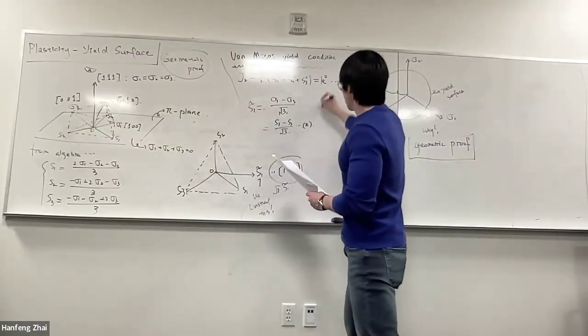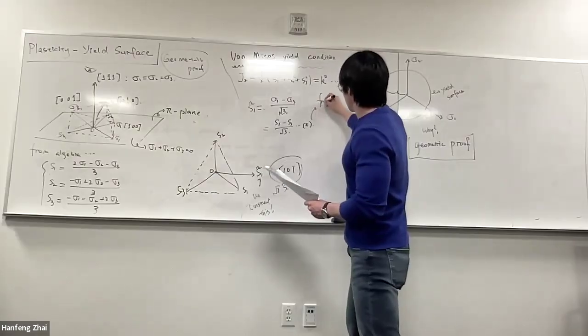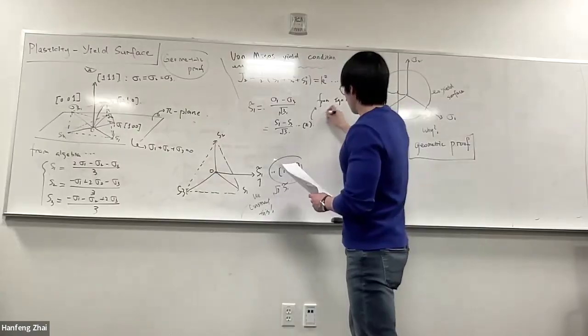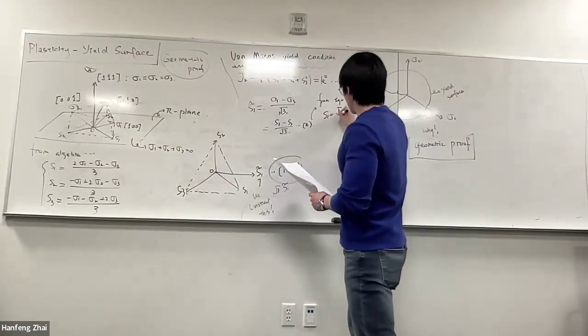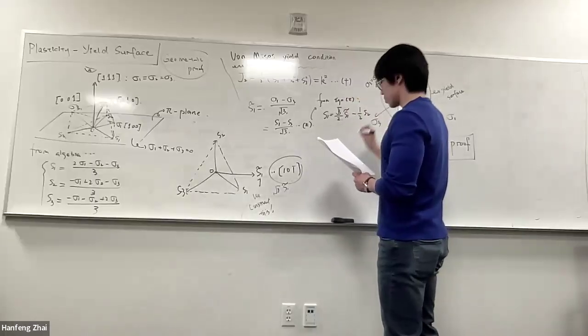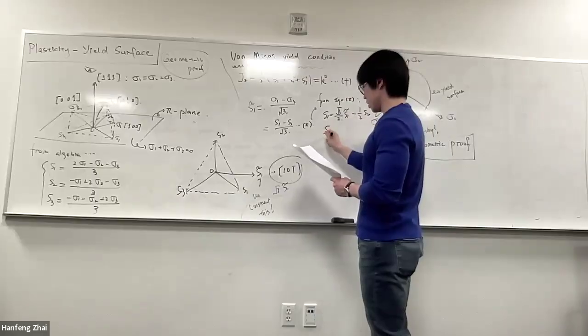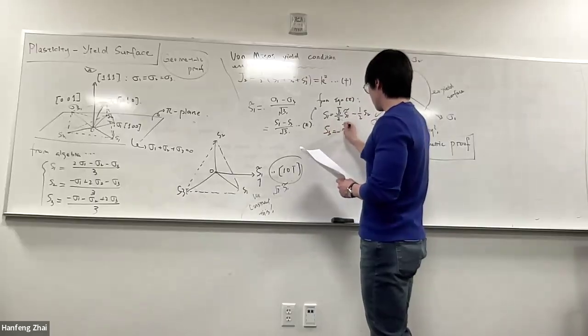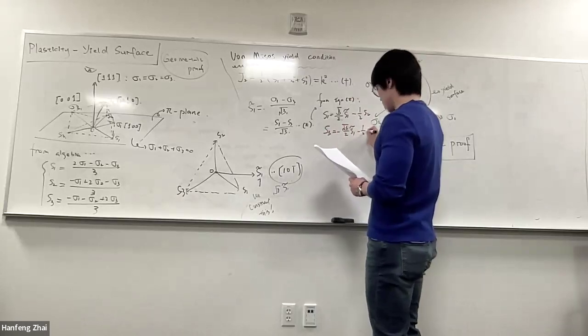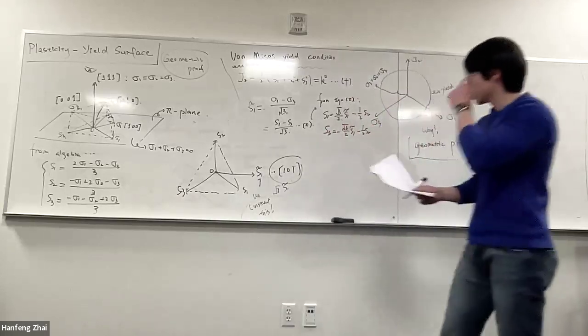So from equation star, we can get S1 equals half square root 3 S1 tilde minus half S2, and also S3 equals minus half square root 3 S1 tilde minus 1/2 S2.